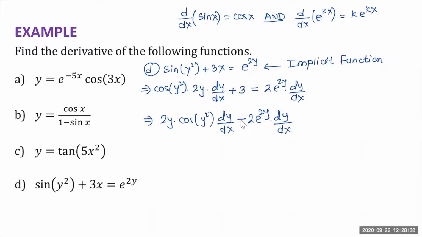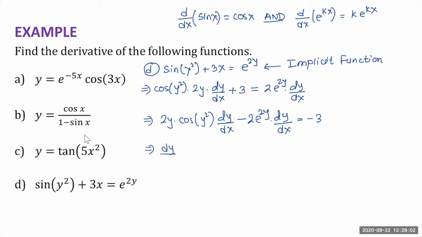And then I'll move this 3 to the right-hand side. So it will be negative 3. Moving 3 to the right-hand side means I'm subtracting 3 on both sides. The reason is I want to find dy over dx, the derivative. Now in the second term we have dy over dx, and in the first term we have dy over dx, so I'm going to factor that out.